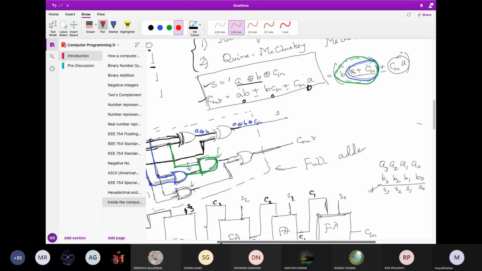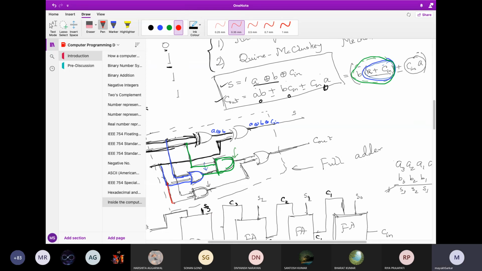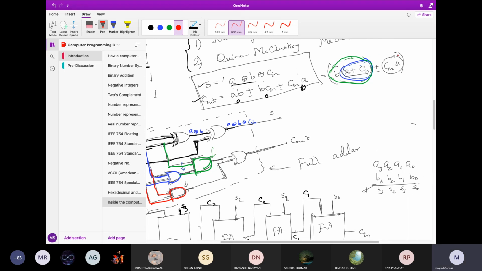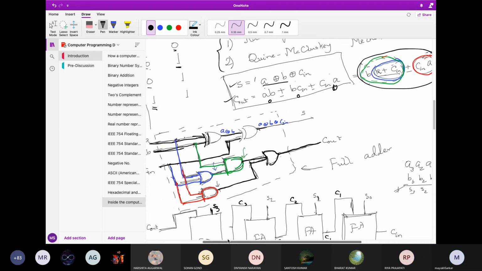Whereas here you have that A and C in line, it is coming to an AND gate, and this is giving you this A and C in AND, and then you are going to OR with this green one and the red one. So that's what is happening here. The OR is happening between the green one and the red one, and this will give you the C out. Okay, is it clear?